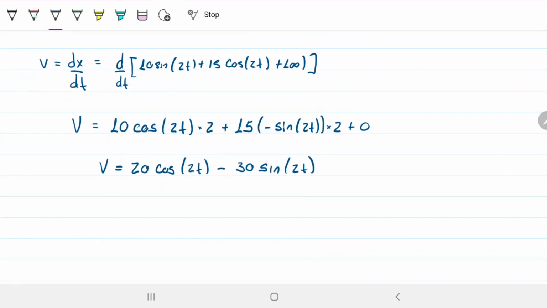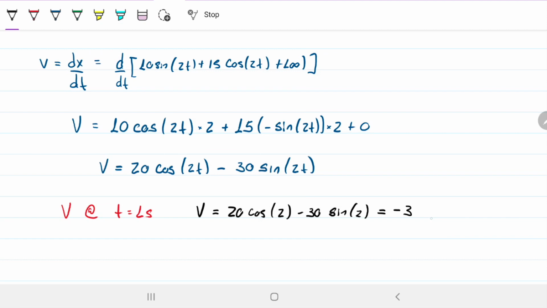And now, we can do the same thing again. So if we want to know what's the velocity at time equals 1 second, then it'll just be v equals 20 cosine of 2 minus 30 sine of 2, again in radians. And this turns out to be minus 36.06.